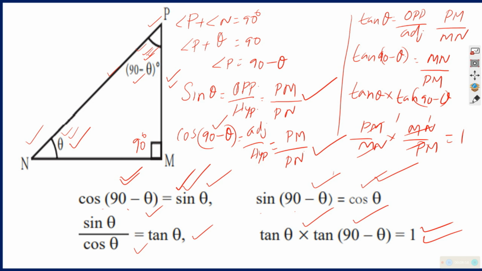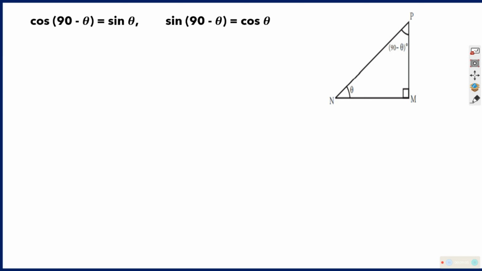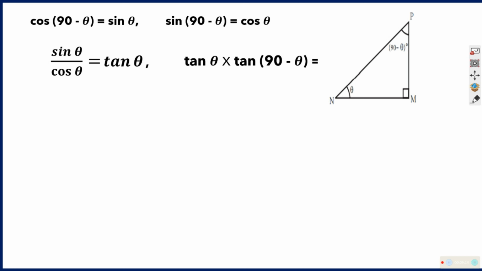Once understood, you can learn it by heart or keep it in your mind forever. Now we are going to enter into learning some more relationships or some more naming.